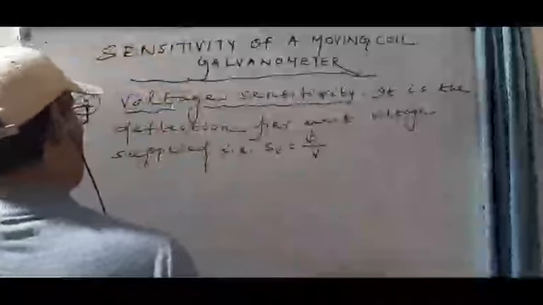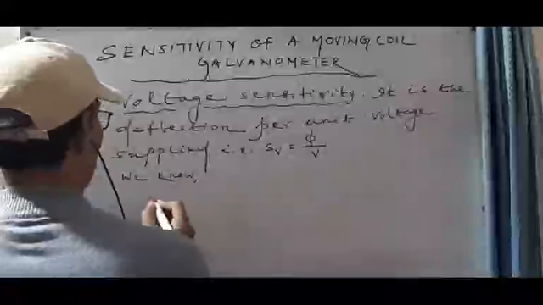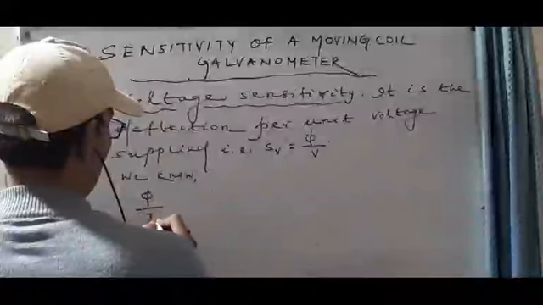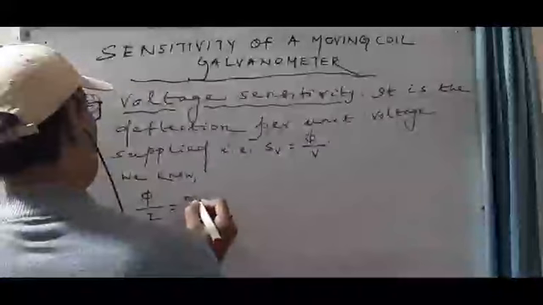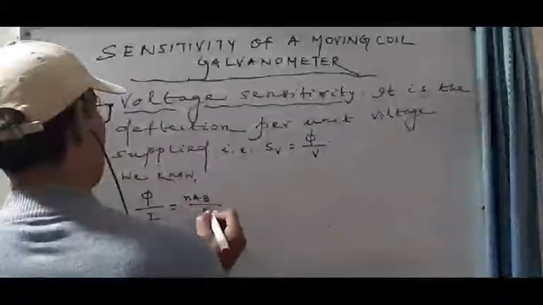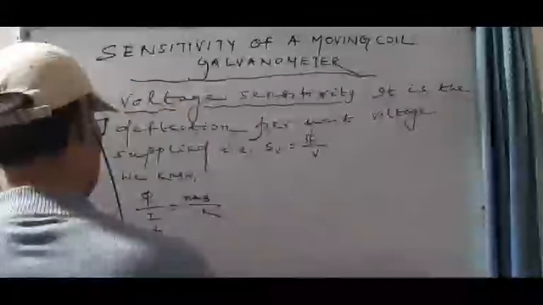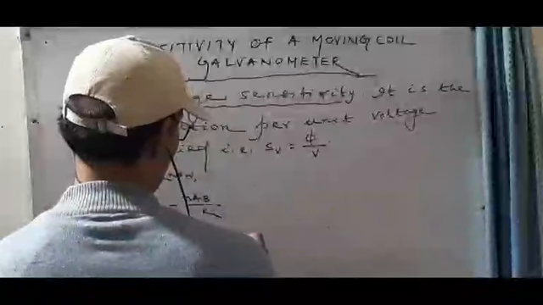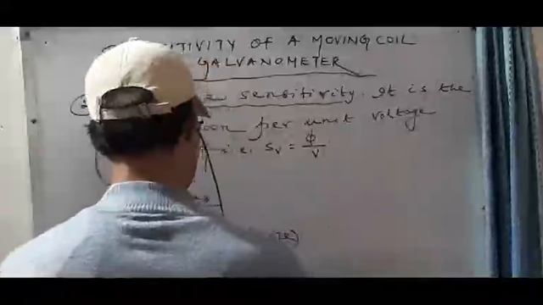So let's find the expression of phi upon V. We know phi upon I is equal to NAB upon K. So phi upon V upon R is equal to NAB upon K, because according to Ohm's law, V is equal to IR.